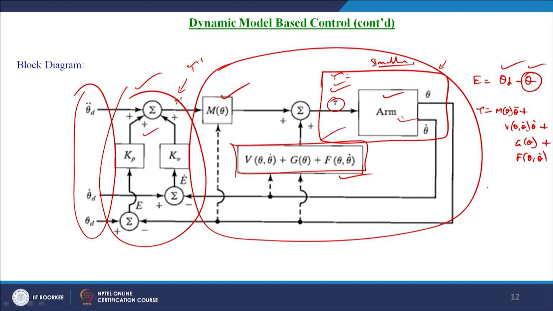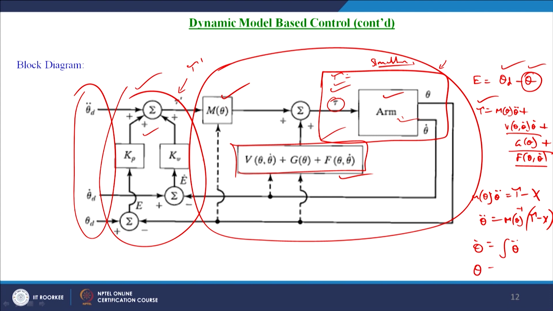So, tau we know because we are giving that as the input. So, M of theta into theta double dot is equal to tau minus, say, the rest of the portion, say X, and theta double dot equals M of theta inverse into tau minus X. So, theta dot will be obtained now by integration of this acceleration.